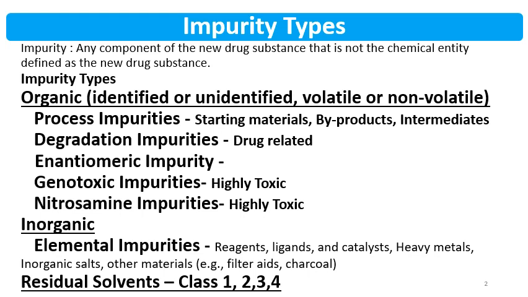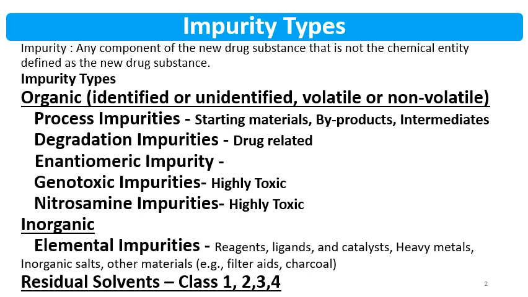For inorganic impurities and residual solvents, I didn't get any information on qualification. That's why elemental impurities and residual solvents are required to be limited and their presence cannot be qualified. So organic impurities may be identified or unidentified. These may be volatile or non-volatile.